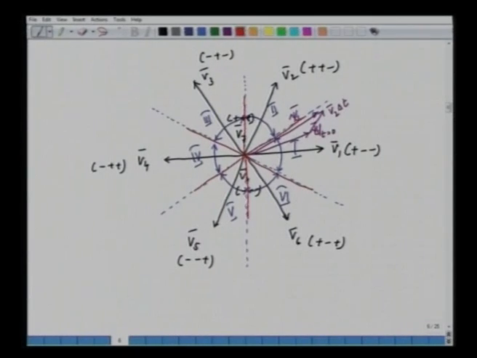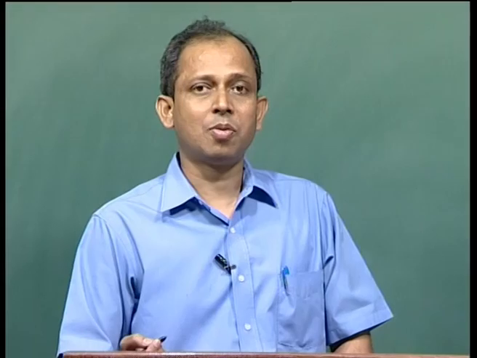So, the flux can remain in any one of the 6 sectors, and accordingly the voltage vectors will be decided. We obtain the flux status and the torque status from the flux comparator and the torque comparator, and then we also find out the information about the sector, in which sector the flux is remaining.